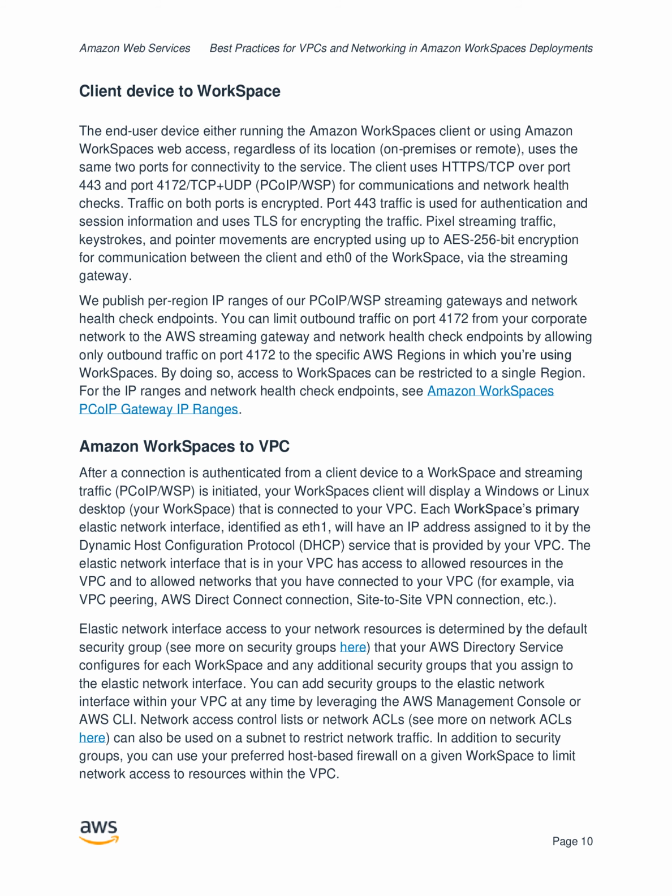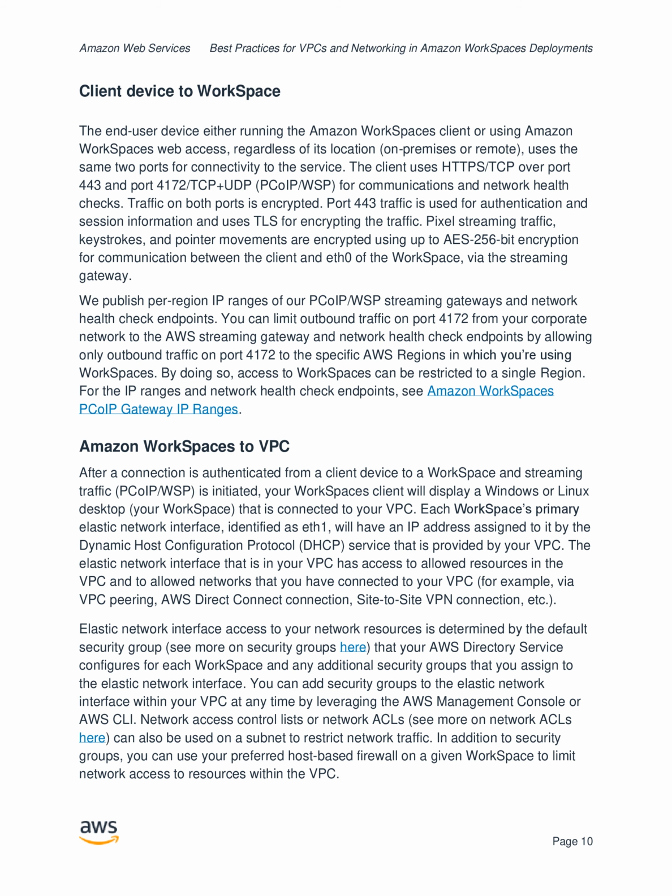Amazon WorkSpaces to VPC. After a connection is authenticated from a client device to a workspace and streaming traffic, PCoIP/WSP, is initiated, your WorkSpaces client will display a Windows or Linux desktop, your workspace, that is connected to your VPC.